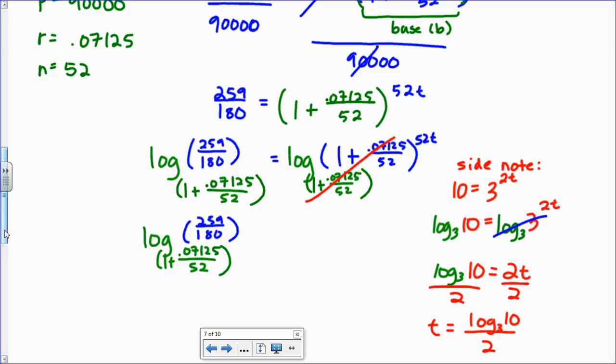It's what you're taking the log of. This in green, the 1 plus 0.07125 over 52, is the base, so that should be your little number. It's not very pretty. Equals 52t. And then finally to get t, I'm going to divide by 52.